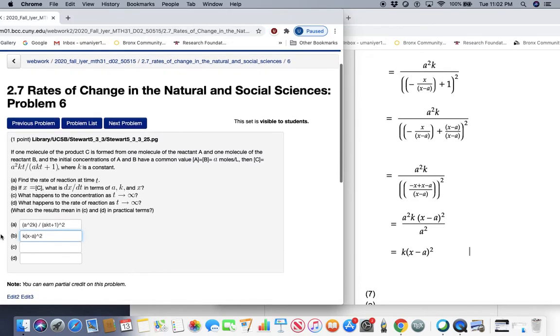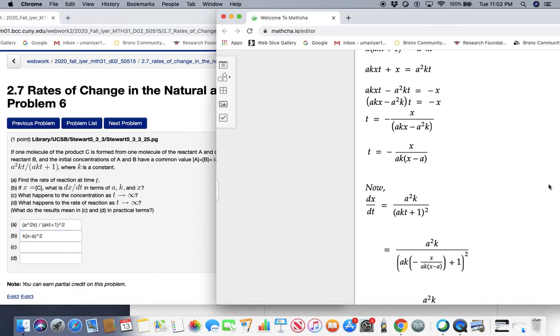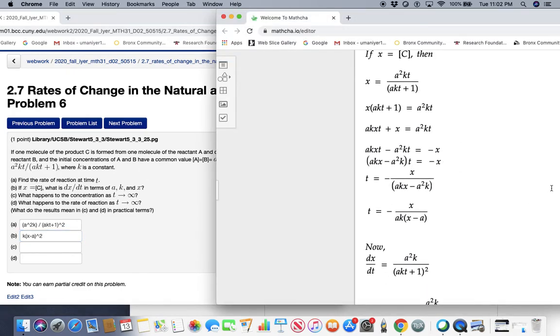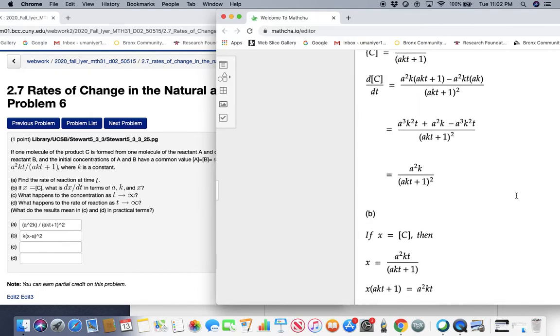All right. What happens to the rate of reaction as t goes to infinity? So there, that's the rate of reaction.